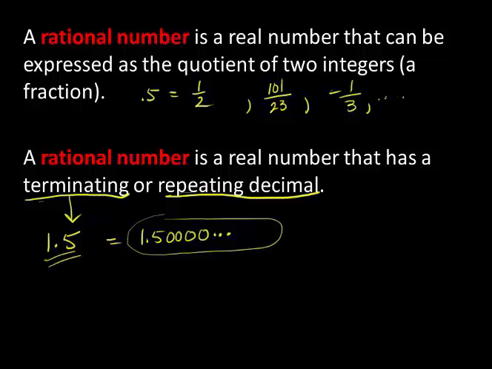How about the number 1.0123, 123, 123, ... Now the ... means that the 1, 2, 3 continues. Another way you can write that, if you wish, is 0.123, and you put a bar over the repeating part.